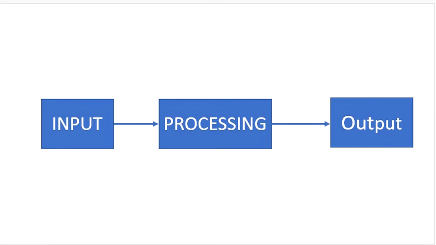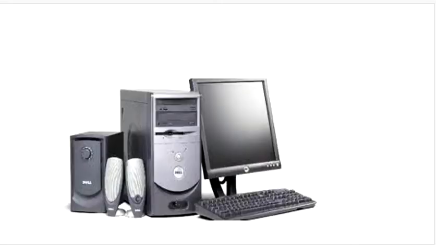The second operation, process data to obtain information. Output. It means obtaining information. The image that we see in front of us is a picture of a computer.